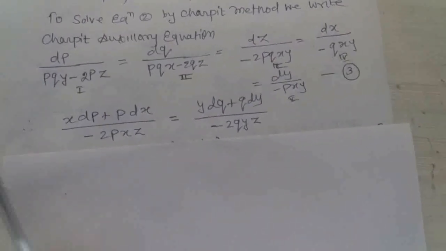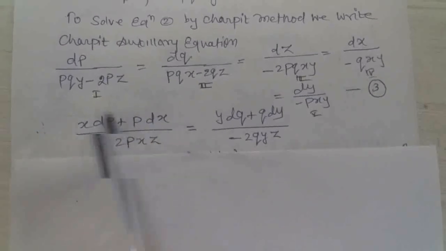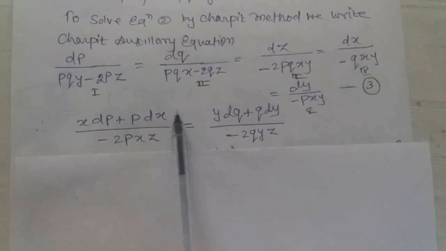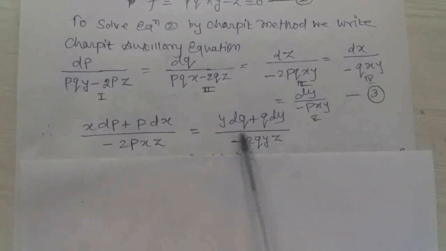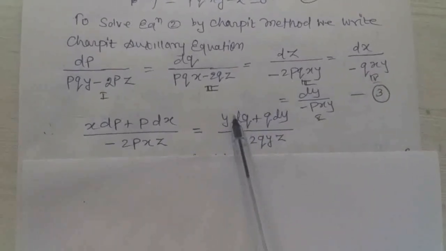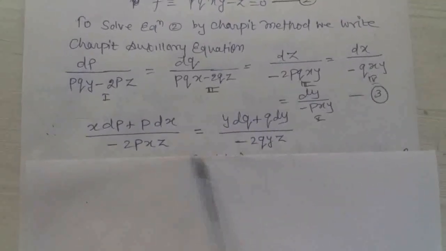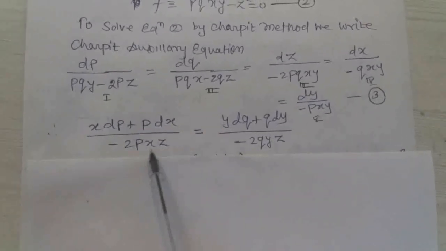Now look at this term: x dp + p dx. This is the derivative of x into p. And similarly the term y dq + q dy is the derivative of y into q. In the denominator, the negative cancels, 2 cancels, and z cancels.